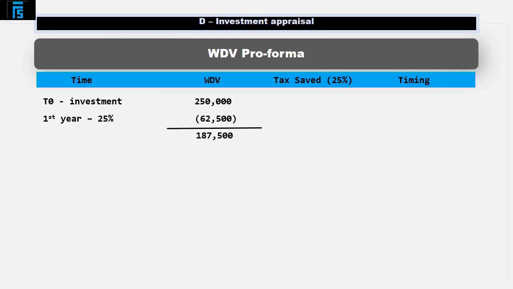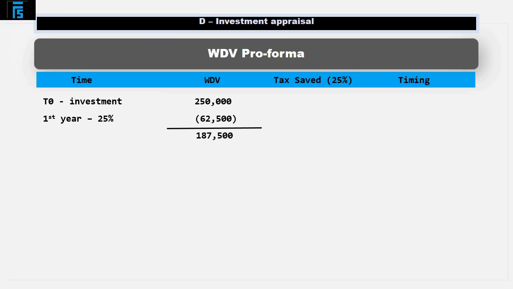This is $62,500 and is effectively depreciation for tax purposes. If we deduct this from the $250,000, we get the written down value of the asset at the end of that first year. The depreciation for tax purposes is not the cash flow, but it will appear on our tax return as an allowable deduction.